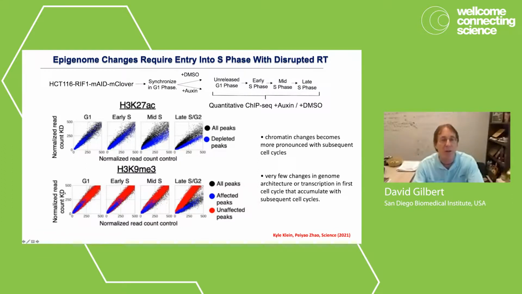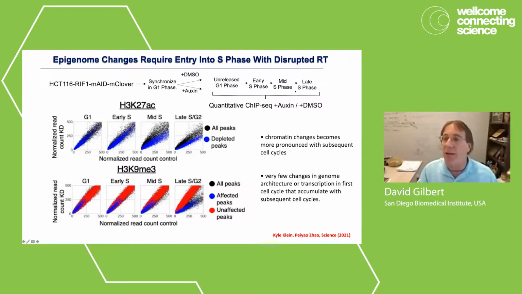And what you can see over here, looking at two different chromatin marks, is that if we hold the cells in G1 phase, do not allow them to synthesize DNA, do not allow them to enter S phase, we don't see any changes in the histone PTMs, post-translational modifications. But as they enter S phase, we begin to see dramatic changes, basically depletion of peaks, or in the case of H3K9me3, we actually see some peaks become even stronger.